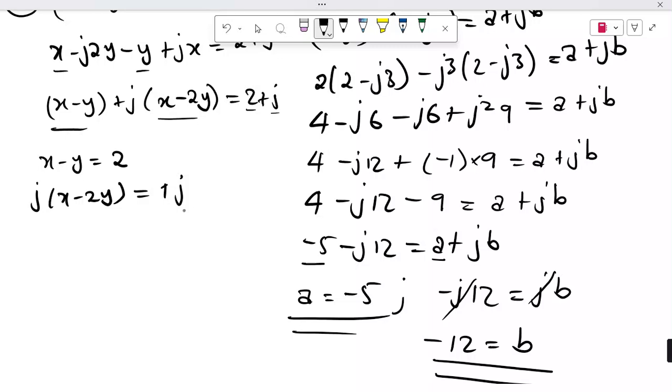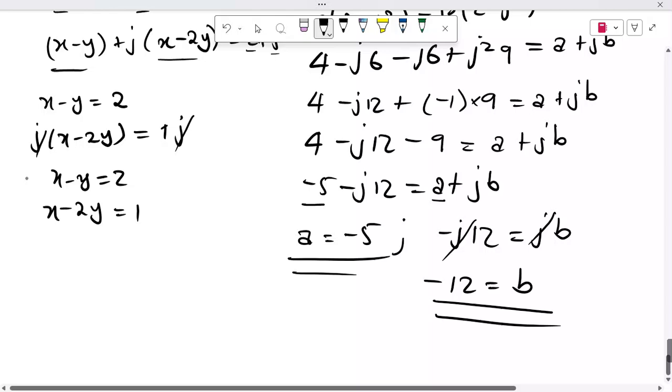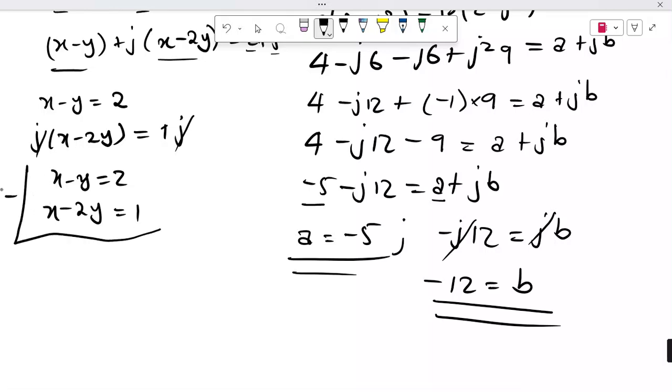We know 1 multiplied by j is still j, so the j can cancel out, so you have x minus y equals 2, then x minus 2y equals 1. Here we can use the elimination method. We subtract: x minus x is 0, negative y minus negative 2y gives y.